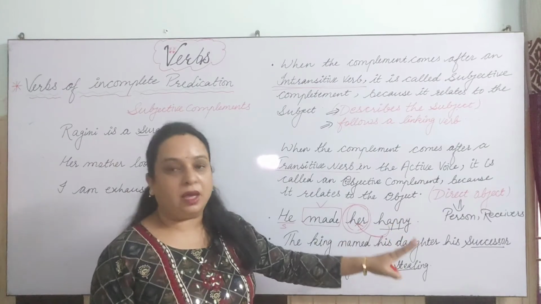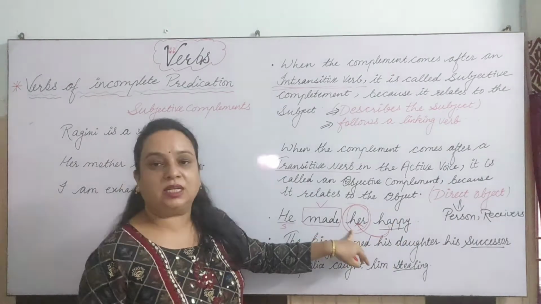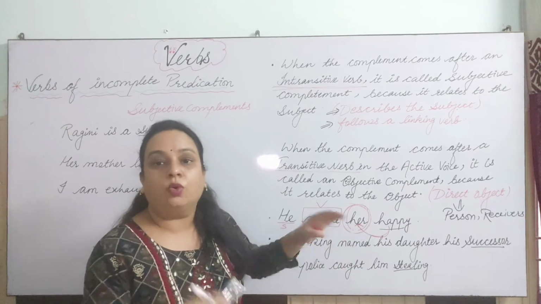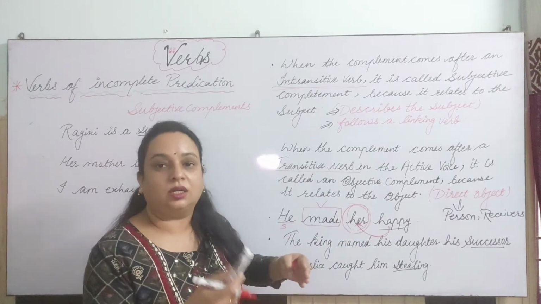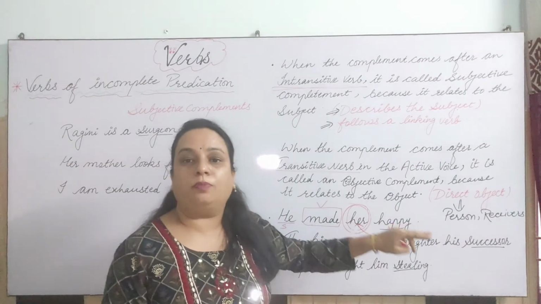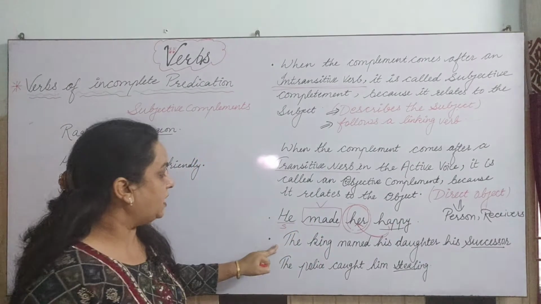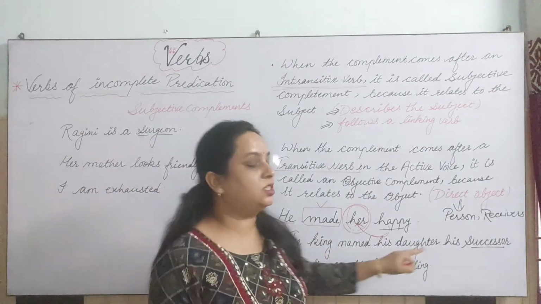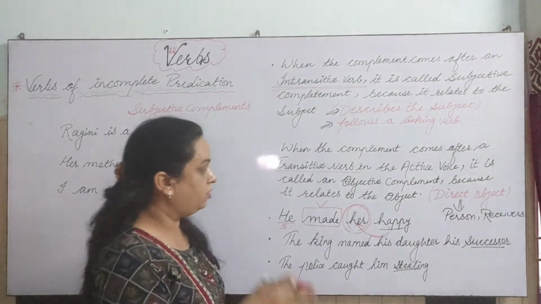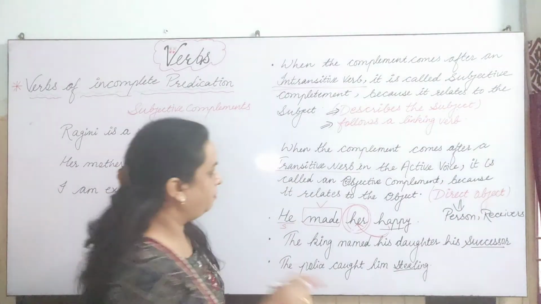He made her happy. Now her is working as the direct object here because it is a person, it is a receiver. Now who is getting happier? Her, she means, right? So this happy is what? It's an object complement here. The second sentence is: the king named his daughter his successor. So the king is the subject, no requirement for that to get the objective complement.